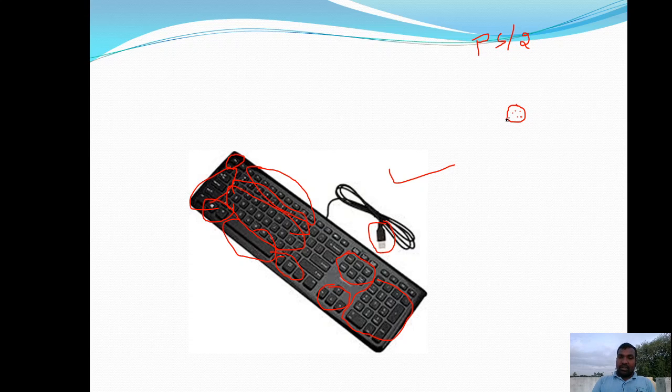So these are the old type keyboards. The keyboard is connected with a cable, and at the end of that cable there is a connector like this. So this kind of keyboards are called PS/2 keyboards, and they are connected with PS/2 ports.